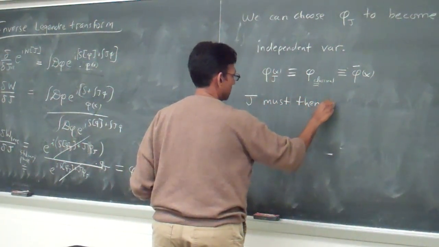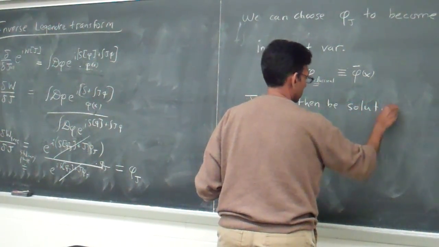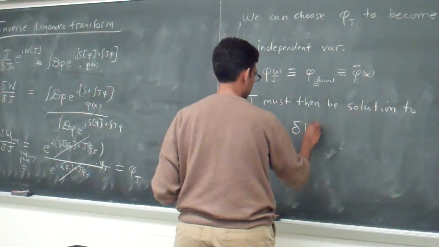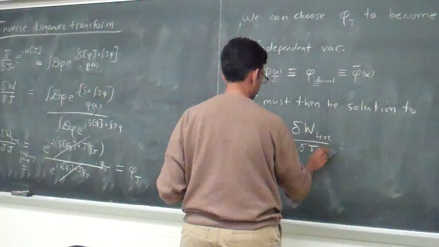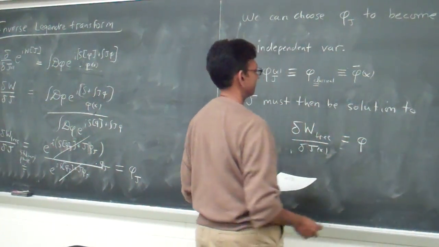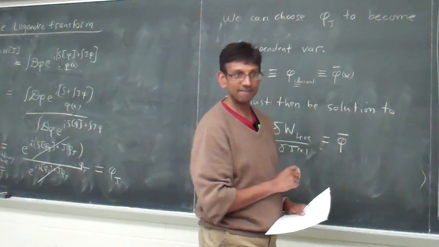J must then be the solution to delta W tree over delta J equals phi bar. I'll go with that notation.